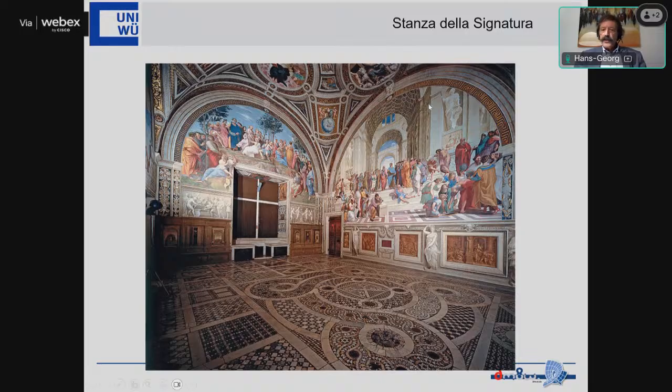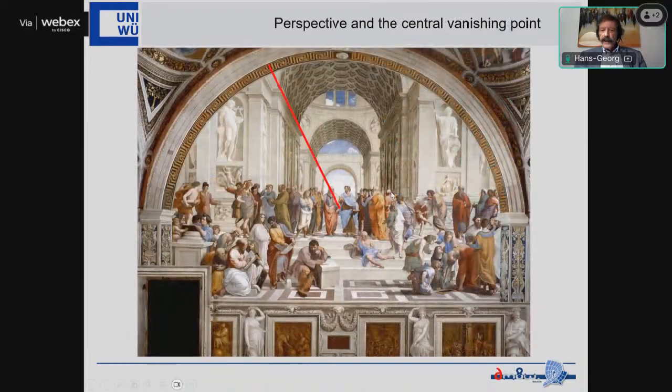Here is the original painting where he has done it. And you see, this is the central perspective, and you have this vanishing point here in the middle of this painting.